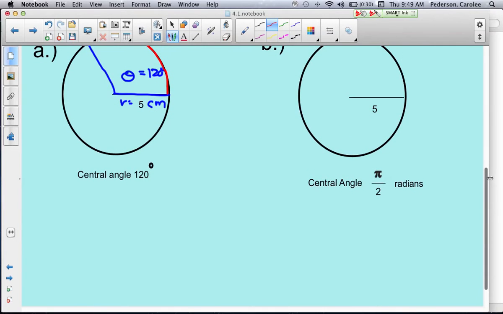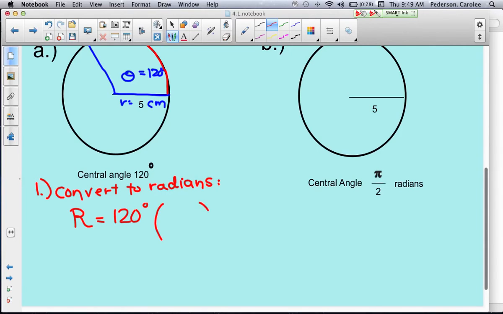So number 1, we have to convert to radian measure. So to find the radian measure, that formula is 120 degrees is our given angle. And then what's going to go in that fraction? Pi over 180 degrees. So then what will cancel?